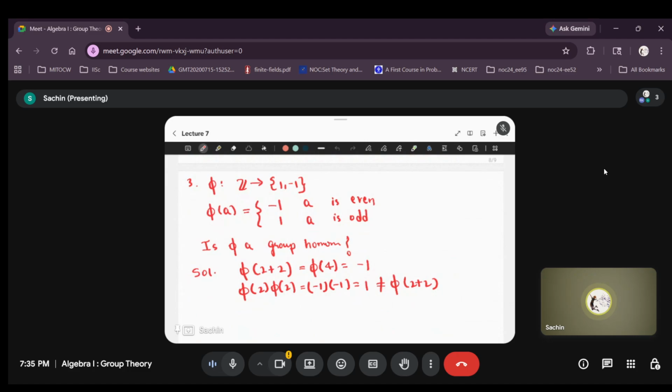So the identity element is 0. And the image of 0 is, since 0 is even, minus 1. But 1 is the identity element of {1, minus 1}.